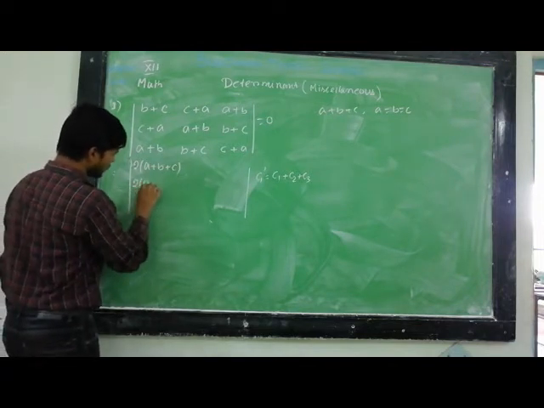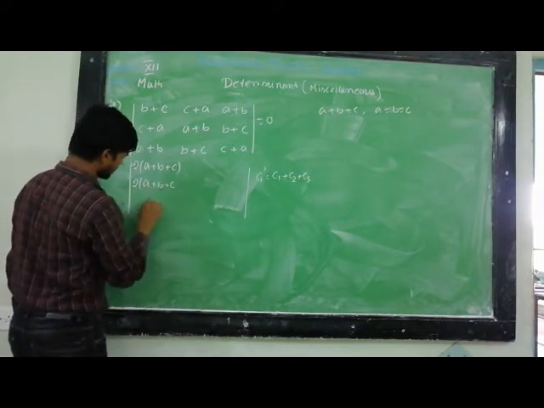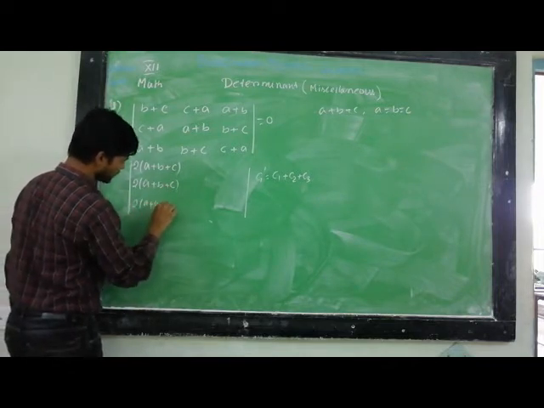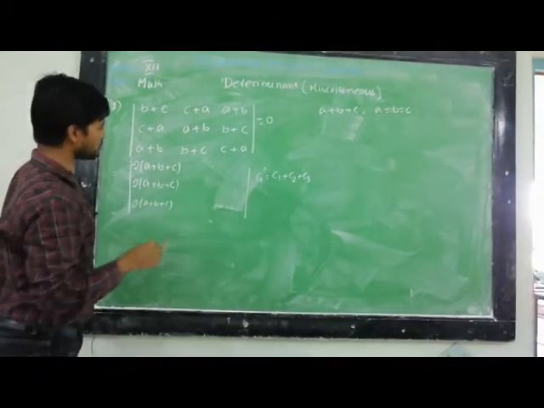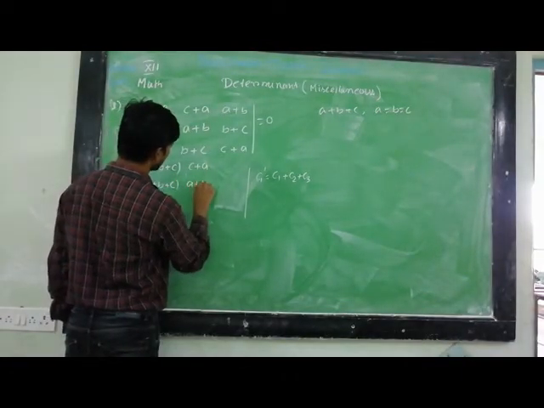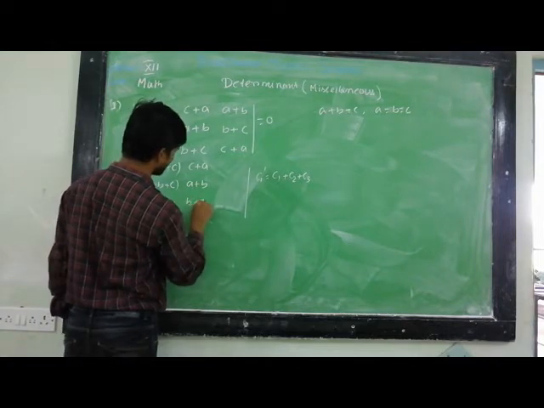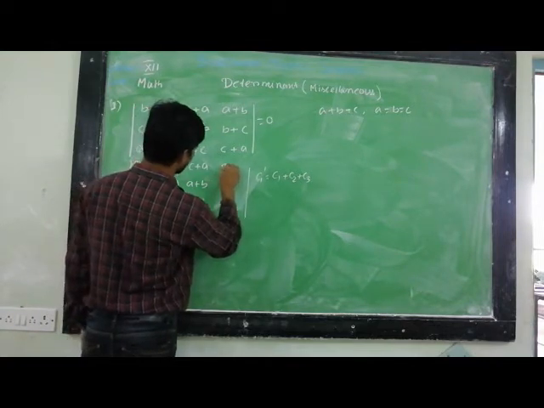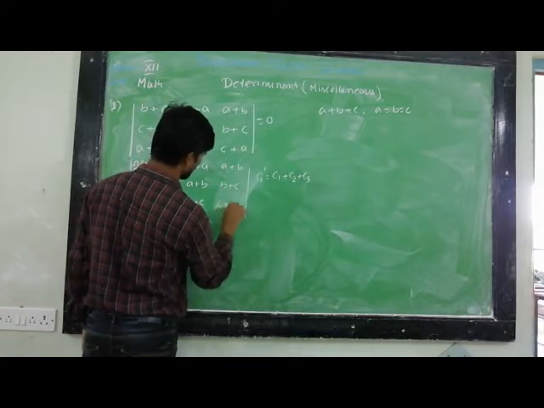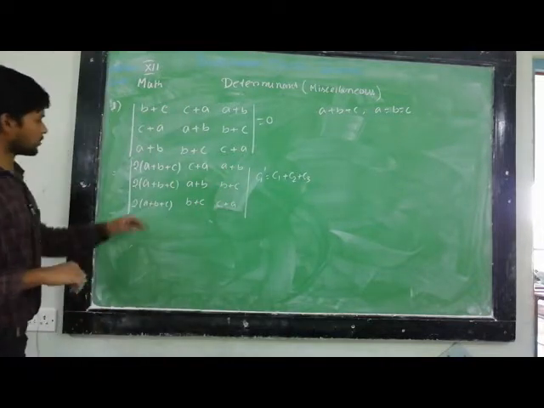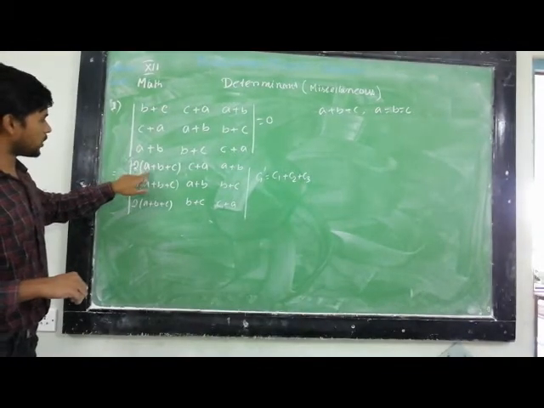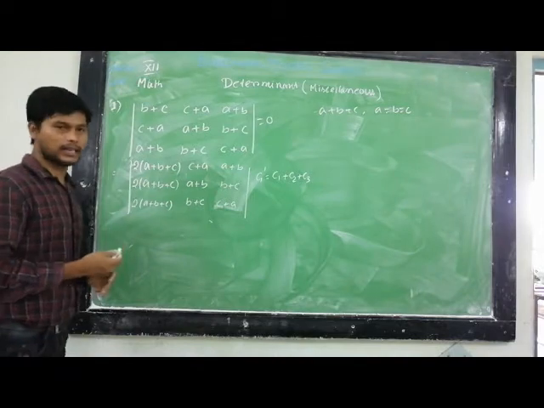This will be the same A plus B plus C, and this is also the same A plus B plus C, and the other two columns will be unchanged: C plus A, A plus B, B plus C, and so on. Now, as all the elements of the first column are 2 into (A plus B plus C), we can take it common.